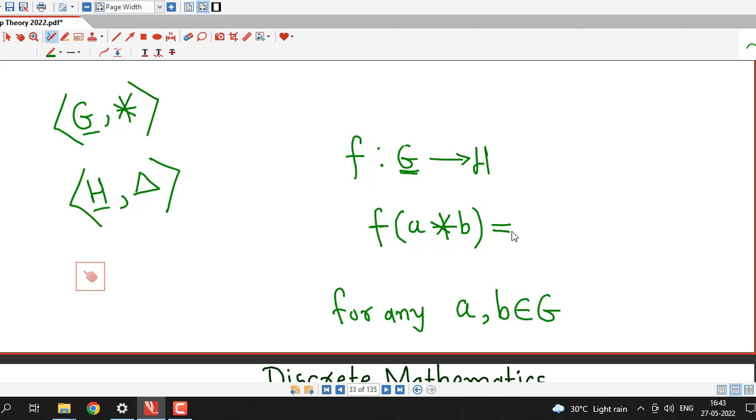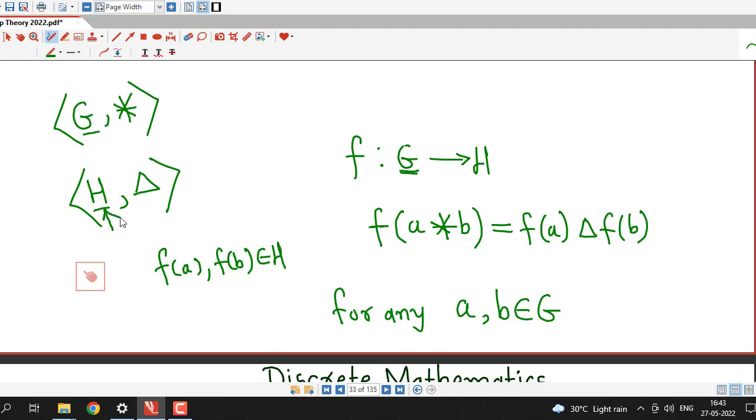If f is a homomorphism, then this is equal to f of A delta f of B. Because f is a function from G to H, these two, f of A and f of B, are elements of capital H, and H is a group under the binary operation delta. Therefore this element is also in H.